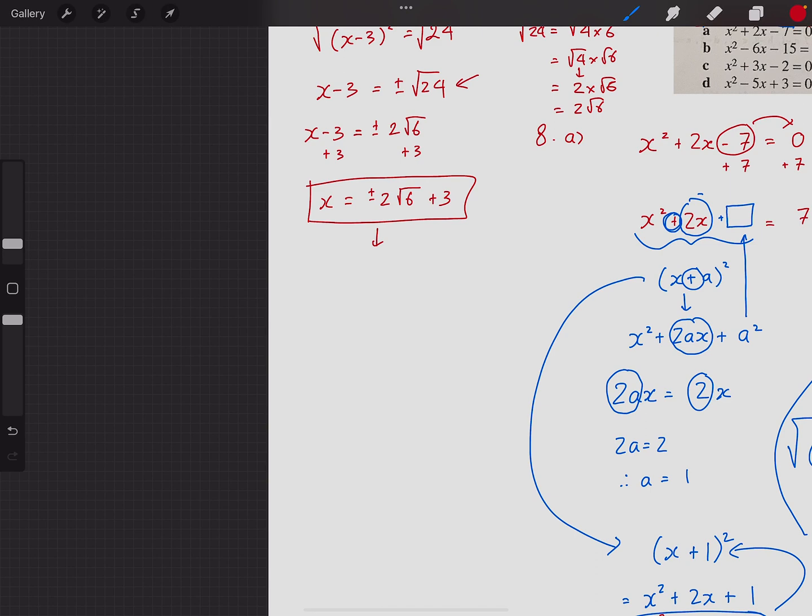Root 24, and then we add 3. I'm going to get 7.89, so 7.9. And the other one is negative root 24 plus 3, which will give me negative 1.9. And there's your answers.